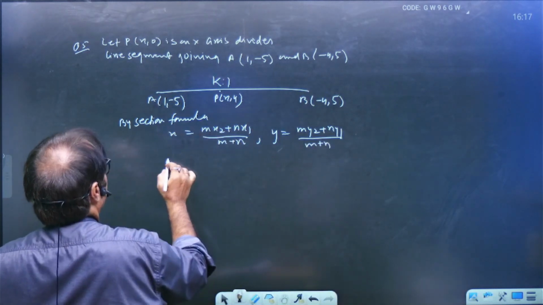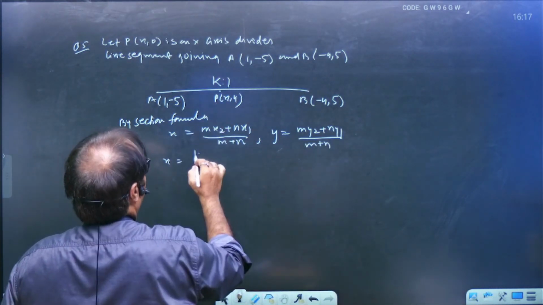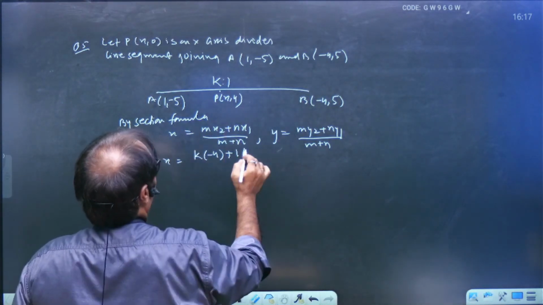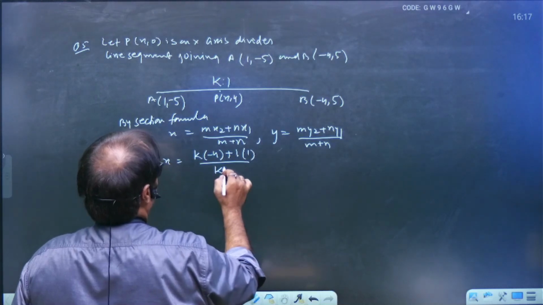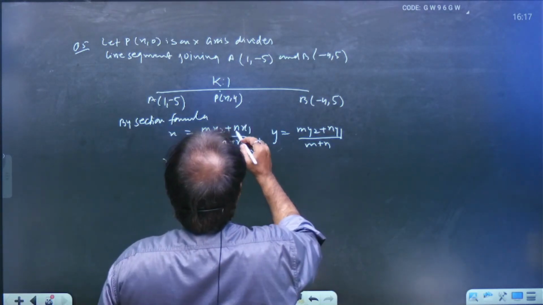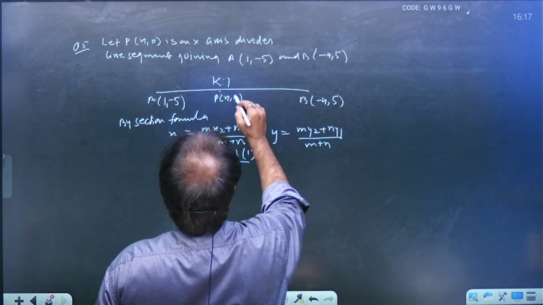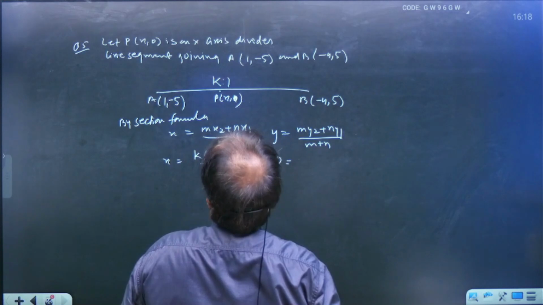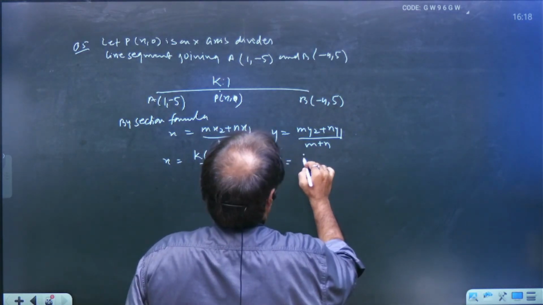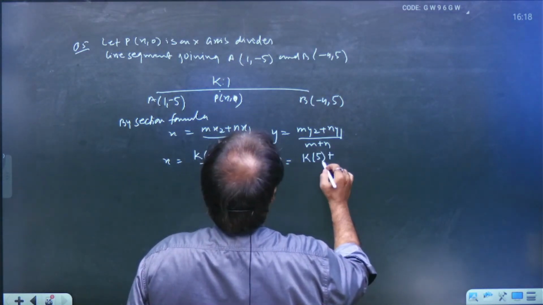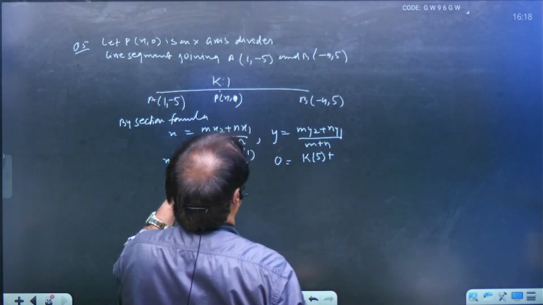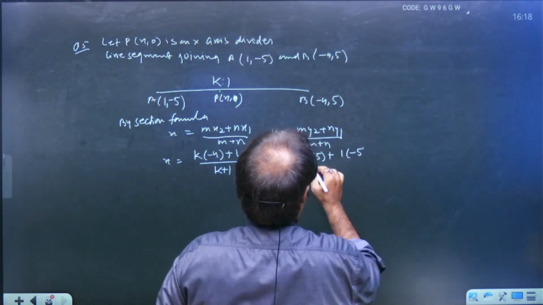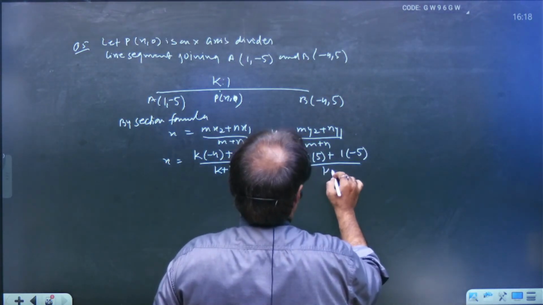So here apply the formula: m is k, x2 is minus 4, and n is 1, and x1 is 1 upon sum of the ratio k plus 1. And here the value of y, since point P is on the x-axis, will be 0. So 0 is equal to k into 5 plus 1 into minus 5 upon sum of the ratio, that is k plus 1.